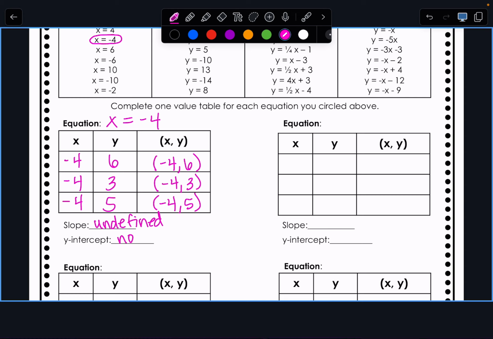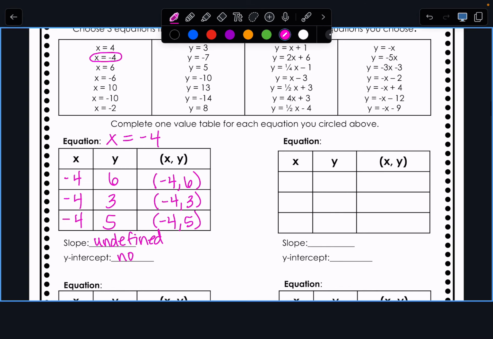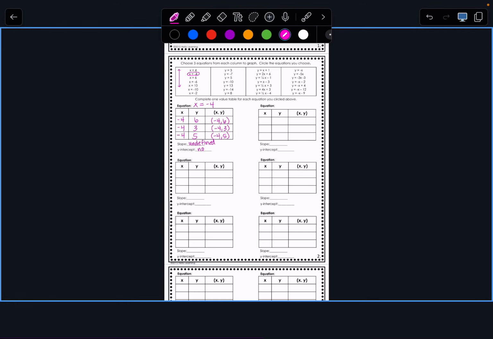I will tell you that every single one of these x equals graphs, you're going to get a line that's just straight up and down with undefined slope. So later when it's work time, you are going to pick 2 more to put right there. I've showed you how to do that. You can fill the other 2 boxes.